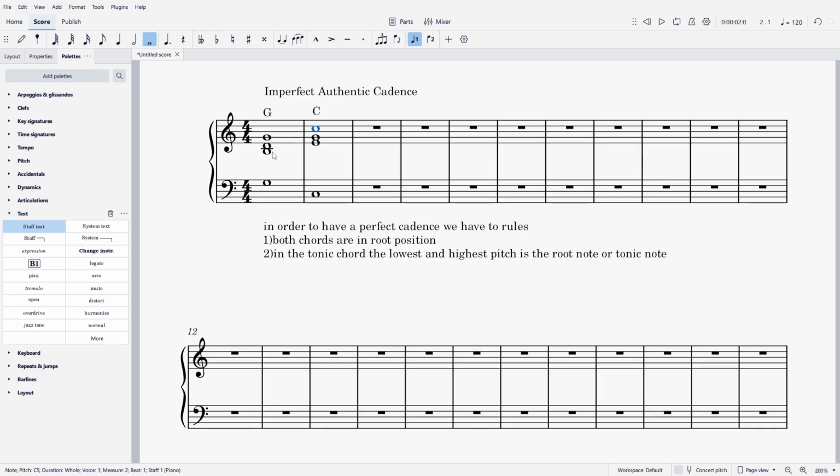Now that's one thing, and the other thing is having an inverted chord. Let's say G6. So let's say we have a D chord, not a D chord, but just an inverted C. Nope, we'll just delete that. My bad. Because we have an inverted G chord, we have an imperfect cadence.